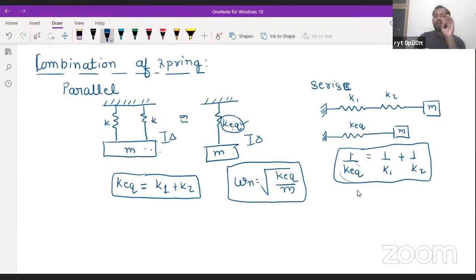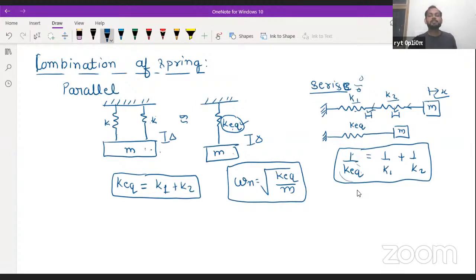Whenever both springs are subjected to the same force, but their displacement is not the same as the displacement of the mass, then the springs are said to be in series.